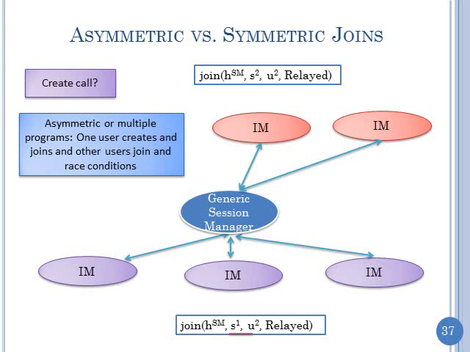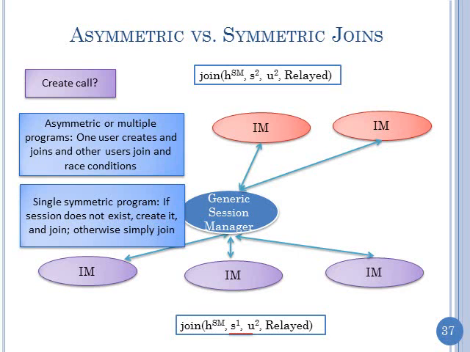So in asymmetric programs, one user creates and joins, the other users join, and there are race conditions possible. Now what we have is a single symmetric program. Whoever's join reaches first, that join becomes the create call, and everybody else just gets the existing session members. So that's our semantics. Questions?